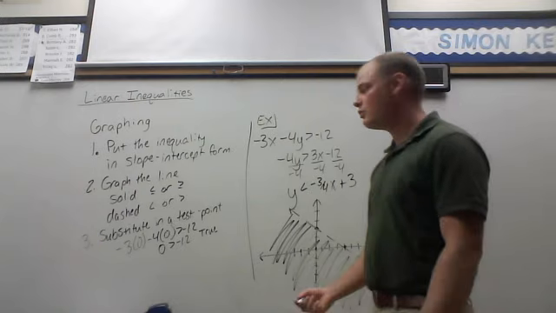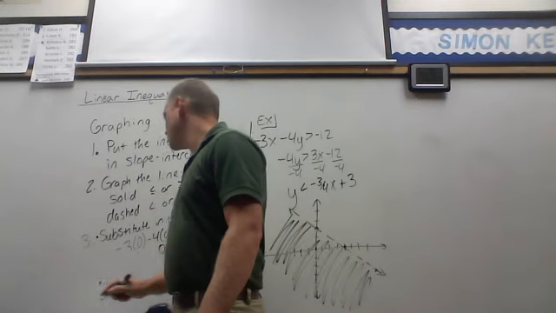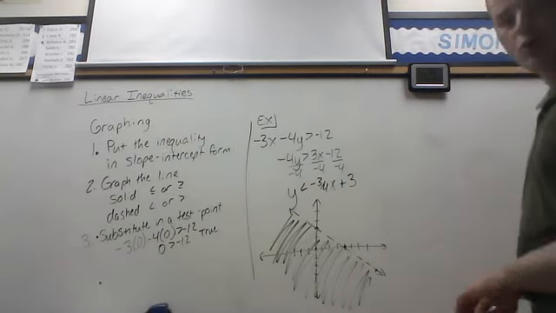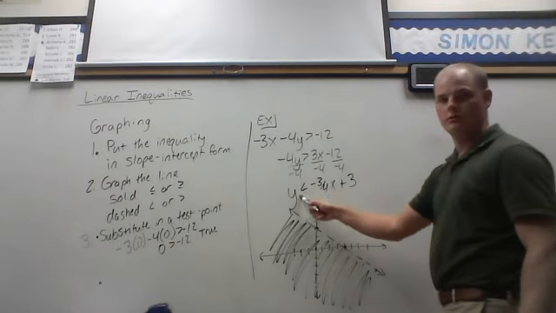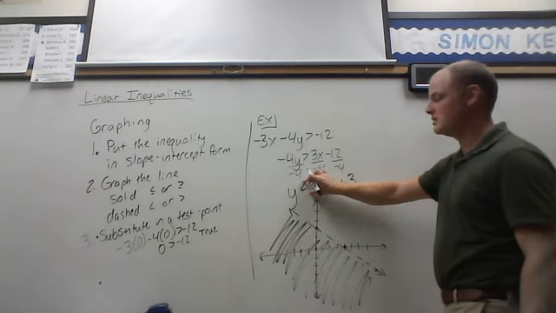Okay? The other way that you can do it, so I can substitute in a test point, or I can just look at my inequality. When you get it into slope-intercept form, you can actually tell based on this right here, your inequality sign. You don't look at the very beginning, it's when it's in slope-intercept form.